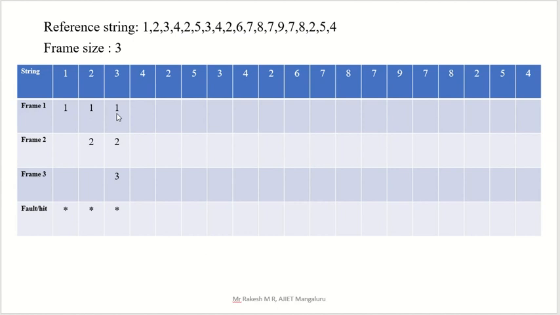Which came first? Out of 1, 2, 3, 1 came first, then 2, then 3. So we have to remove 1 here and add 4. I removed 1 and added 4, but 2 stays as it is, 3 stays as it is.